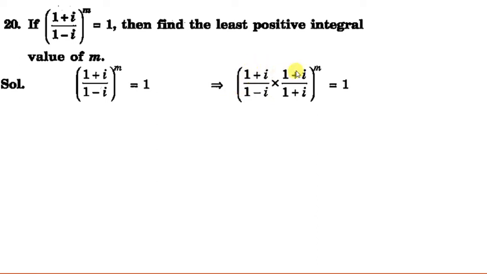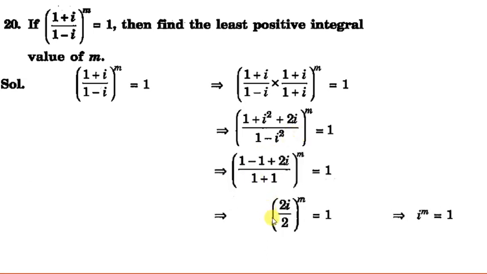Now multiply the numerator, we get 1 plus i square plus i and plus i, 2i upon 1 minus i square. डिनोमिनेटर में a minus b into a plus b equal to a square minus b square अप्लाई करेंगे. i square is minus 1, so this minus 1 plus 1 gets cancelled, and in the numerator we have 2i and in the denominator we have 2. 2 gets cancelled and we are left with only i raised to the power m equal to 1.